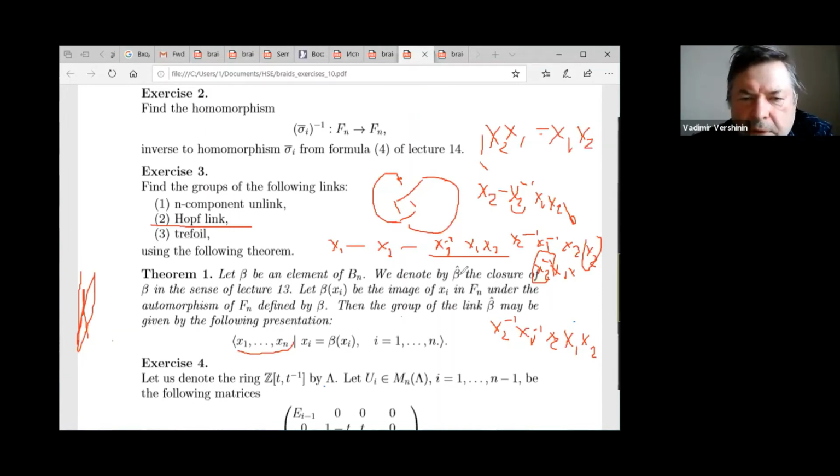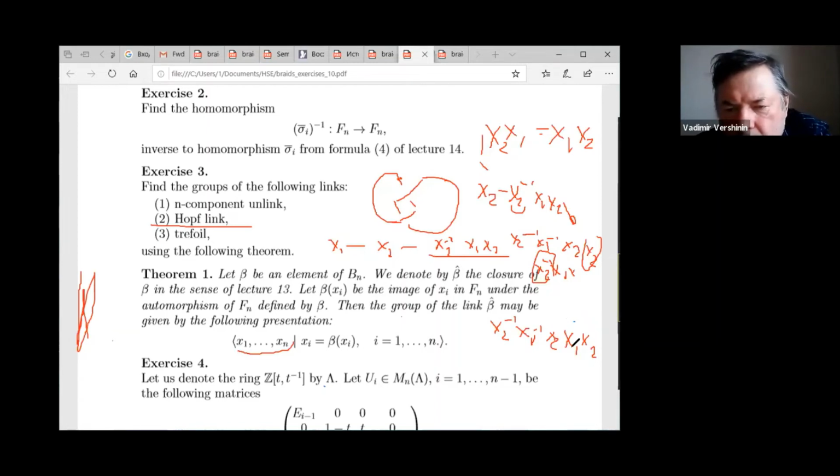The second relation is again the same, because if you already have this relation, you get the same.